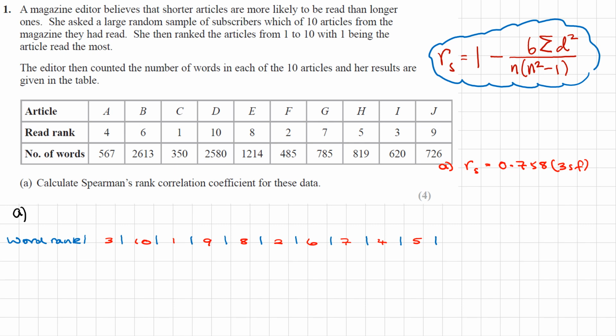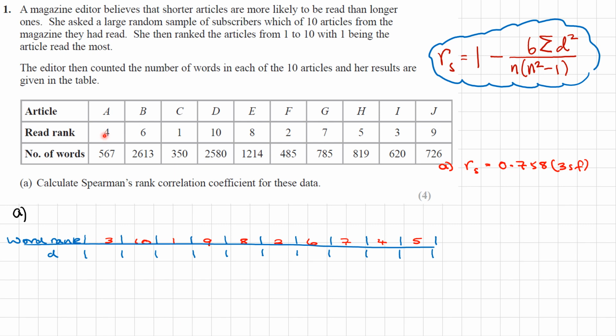I now need to add another row, and I want to add a D row, which is going to be the difference in the ranks. So let's just put this down here and we'll get that filled in. So I'm going to do the read rank minus the word rank and see what I get. Remember, you may have some negatives, keep them as negatives.